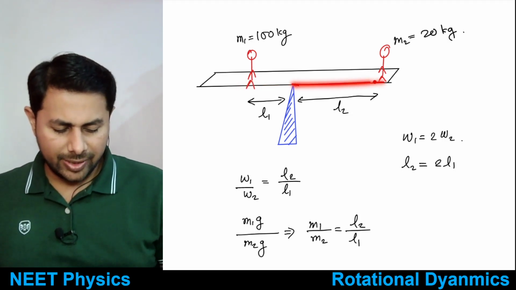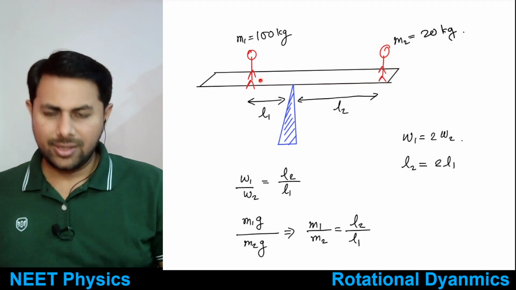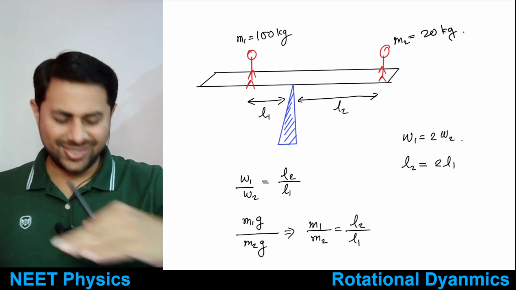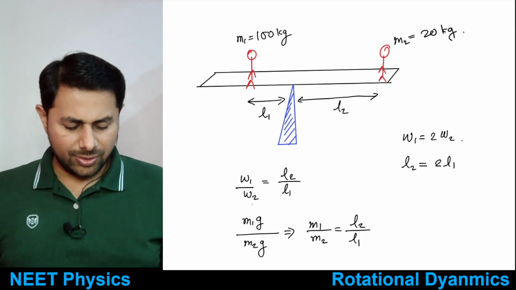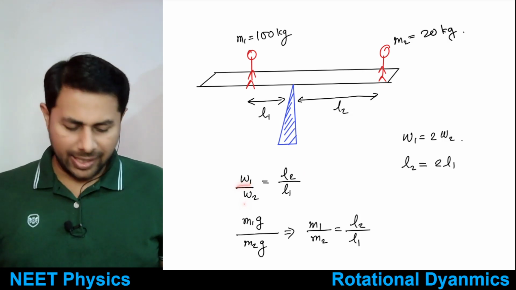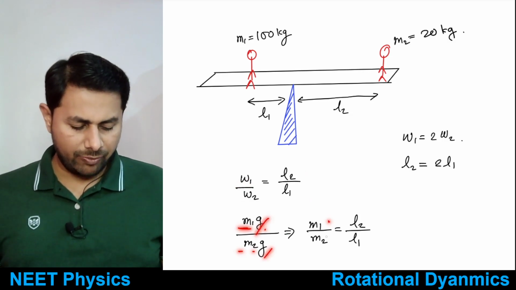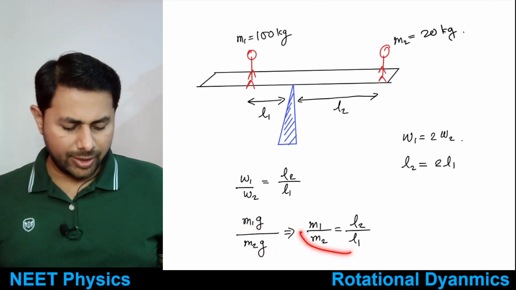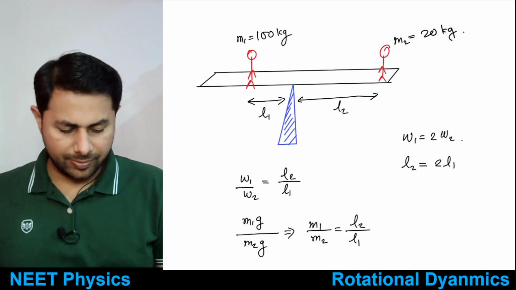Then what should be the distance at which this child sits so that the man is lifted, or at least the seesaw is balanced? W1 by W2 is L2 by L1, so W1 is M1g, W2 is M2g, g gets cancelled, so M1 by M2 is L2 divided by L1. So L2 should be equal to M1 by M2 times L1.